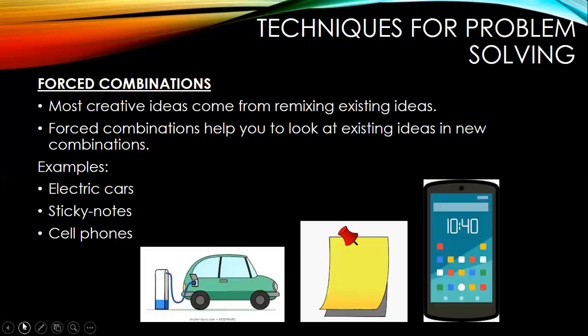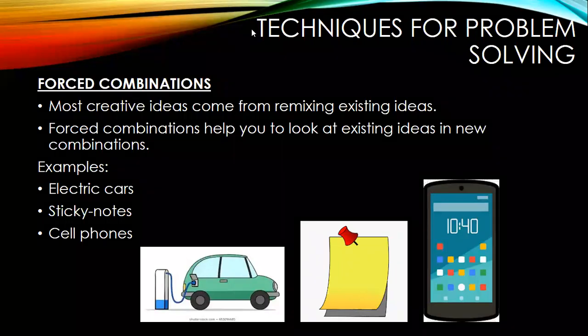Okay, so over here, for example, if you have a look, I have an electric car. So the 2 words that were probably pulled from the hat over here were electric and car. And then can you see they put the 2 together and it gets a forced combination. Sticky note, glue, and notepad, and then cell phone, cellular, and telephone, and you get a cell phone.